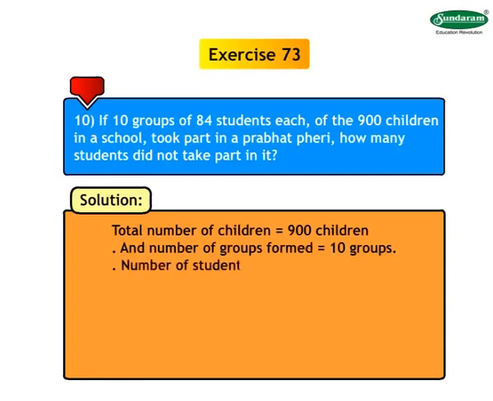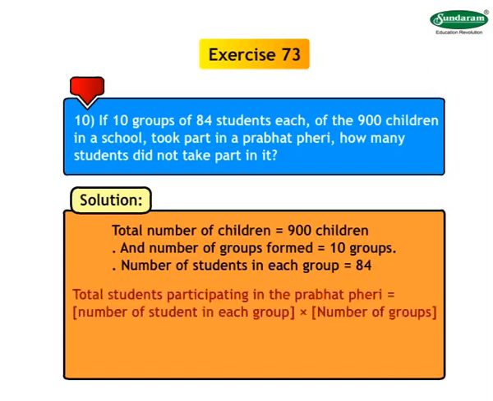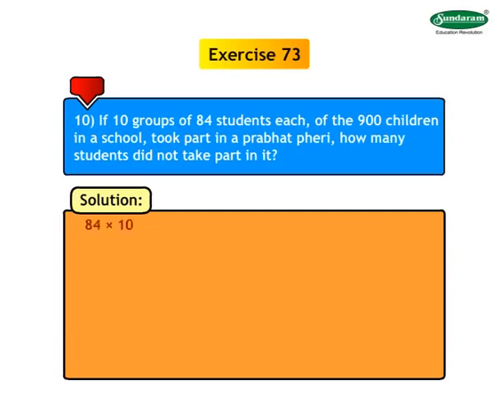Number of students in each group is equal to 84. Therefore, from this we can calculate the total students participating in the Prabhat Pheri by multiplying number of students in each group into number of groups, which is 84 into 10 is equal to 840 students.